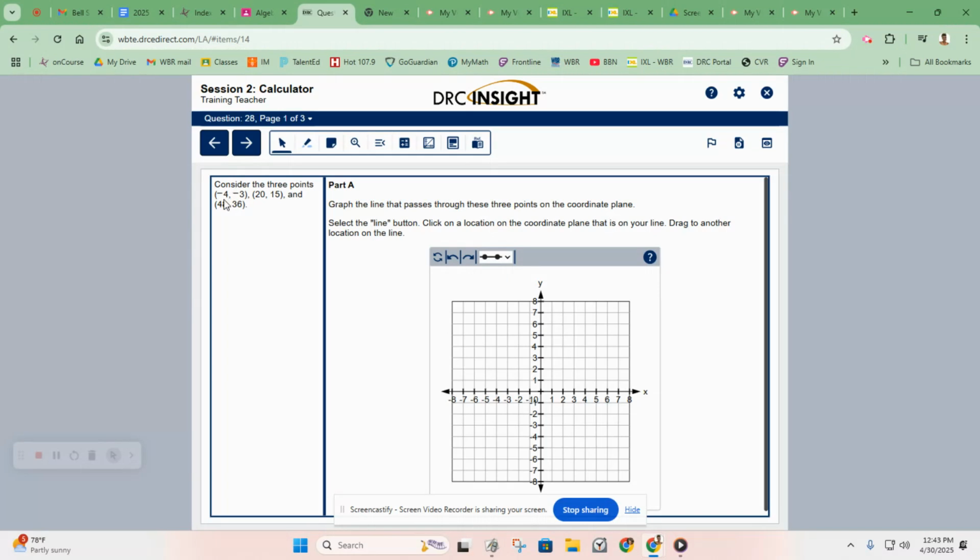I'm going to go to that first point, (-4, -3), and hold down my mouse button. Then I see that I cannot go to the ordered pairs here that show any of these. The (20, 15) is off my screen and so is the (48, 36). So what we're going to have to do is find another point that is closer to this.